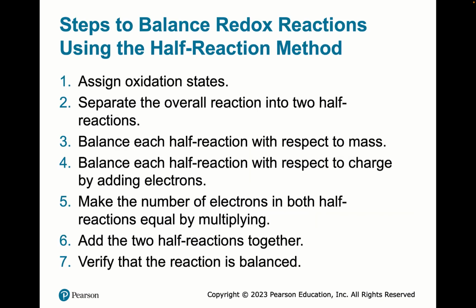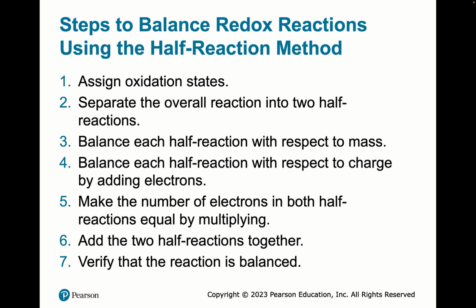So how do we do this? First, I assign oxidation states and then look at the 2 half reactions, to see where the electrons are being generated and where they're being consumed. Balance each half reaction with respect to mass, that means the number of atoms. Balance each half reaction with respect to charge, so that you can see where electrons are being generated and consumed.